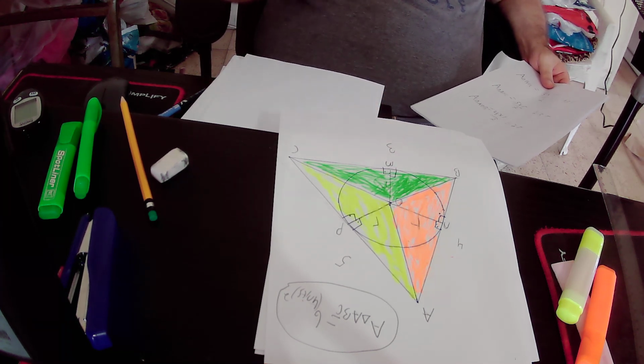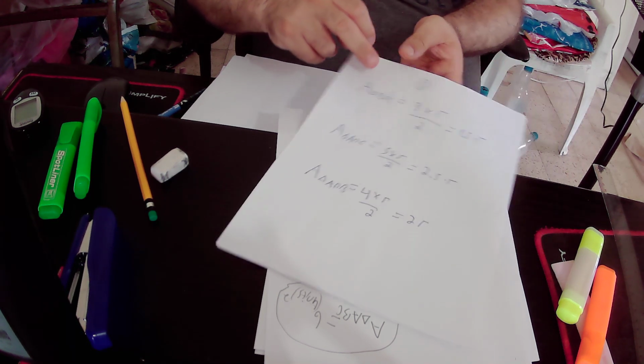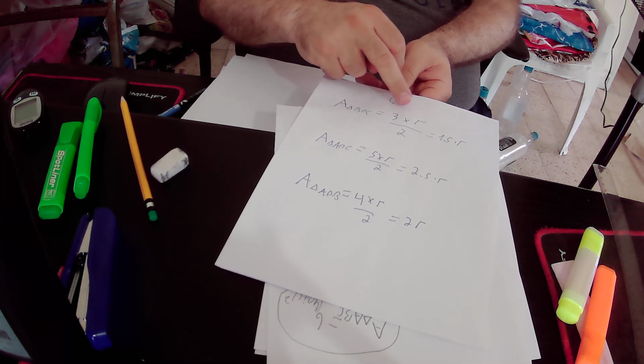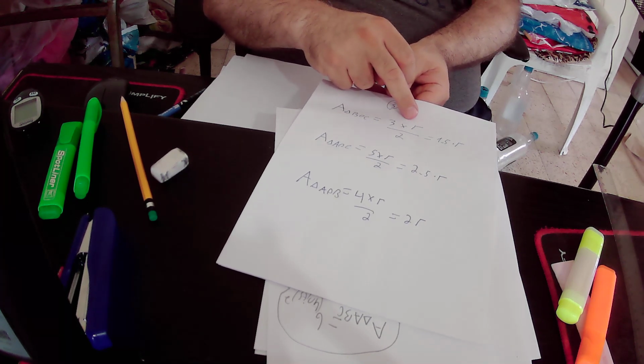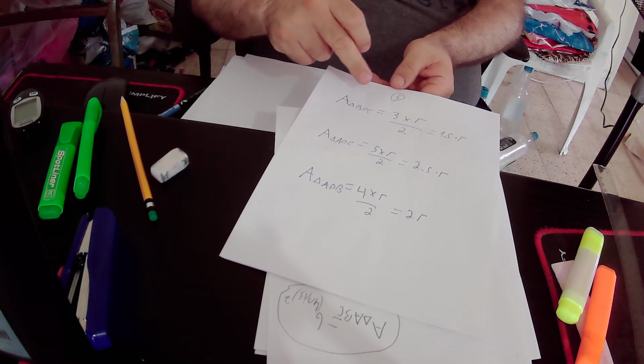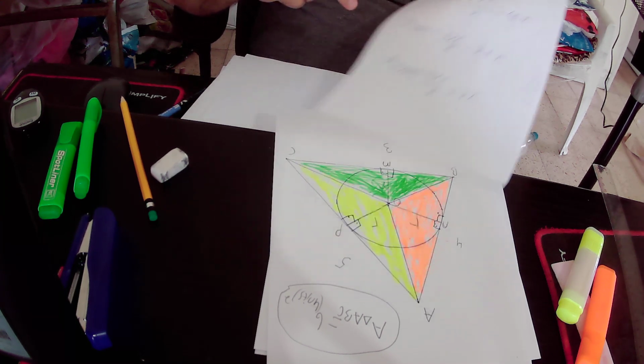So the area of the green triangle equals the base, 3 units, times the height, the radius, divided by 2. Or the area of the green triangle equals 1.5 times the radius.